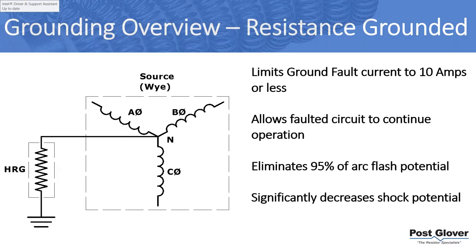You also have voltage drop across the resistor, and so essentially you cannot create an arc on a ground fault on a high resistance ground system. So low voltage, high resistance ground system, ground fault, 0% chance of an arc fault, which means no arc flash, etc. So that's a big deal.